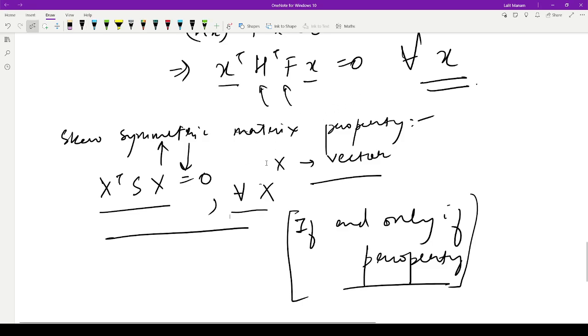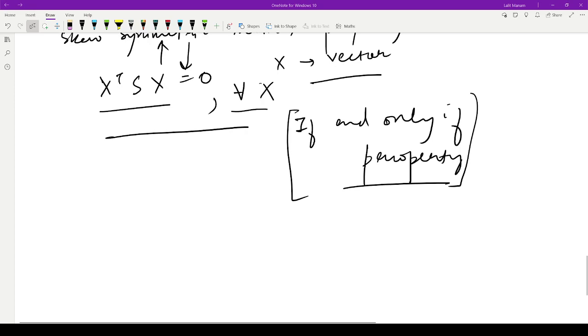Okay. Can you intuitively tell me why it holds true for 3D vectors and matrices? Any intuitive idea? No, sir. Okay, we can just try doing that.